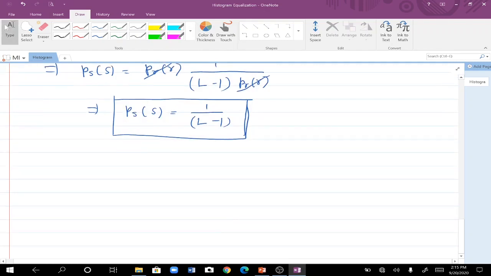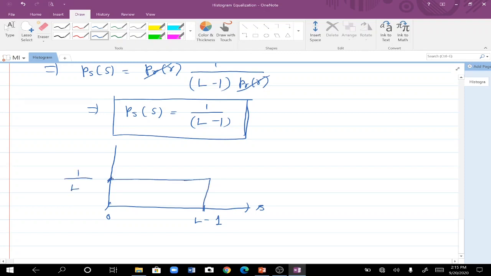So if you want, let's plot this PDF of it. You have random variable S varying from 0 to L minus 1. Independent of S value, you always have this magnitude equivalent to 1 by L minus 1. So now that means it is uniformly distributed, right?